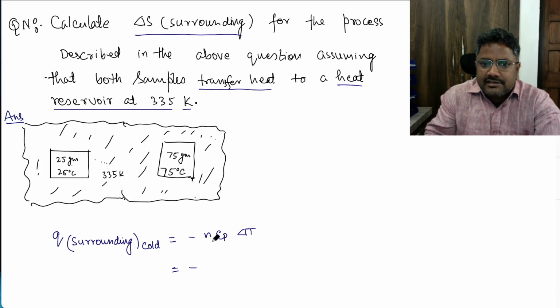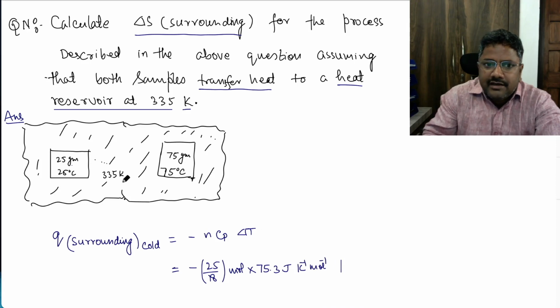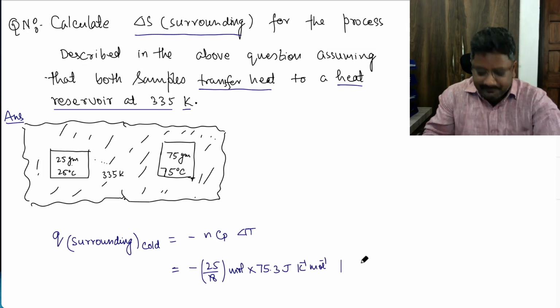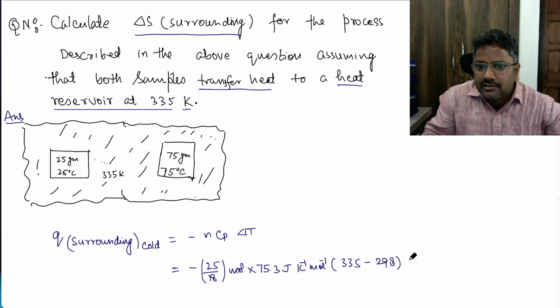So this is minus n, which is 25 by 18 moles, multiplied by 75.3 joules per Kelvin per mole, and T final is 335 minus 298 Kelvin, right?